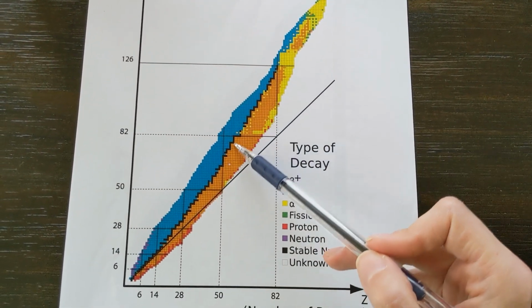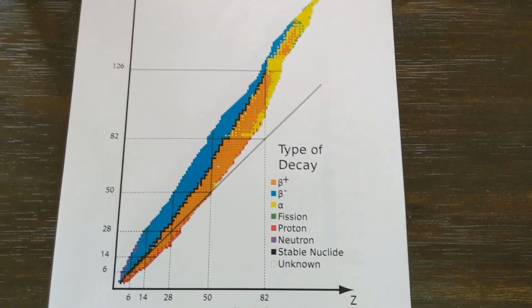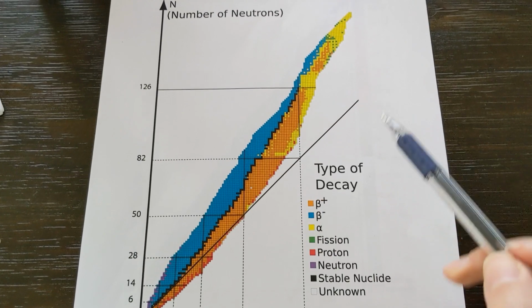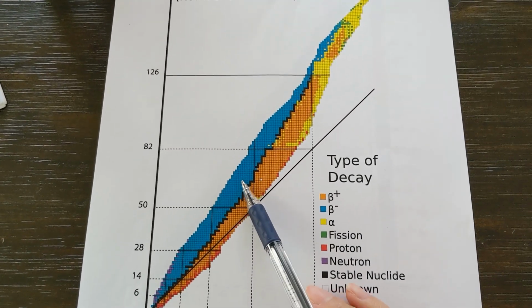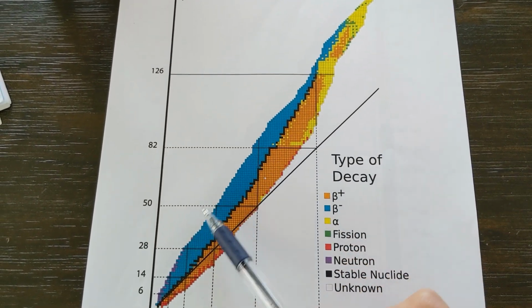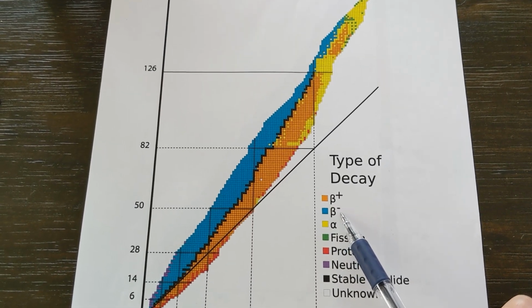When we're on this line right here, the nucleus is said to be stable, and we don't expect any type of nuclear decay. As we go above the zone of stability, all of this above the zone is blue in color, and that is typical of a beta decay.